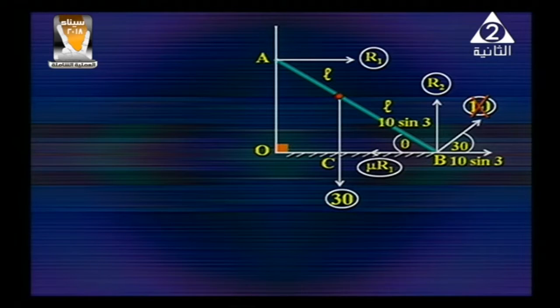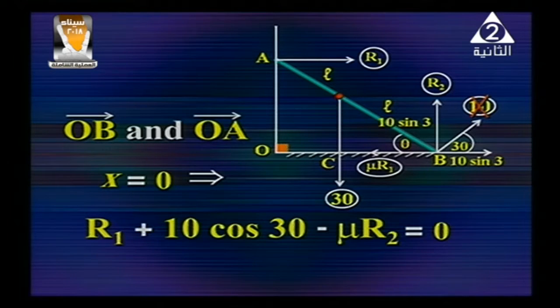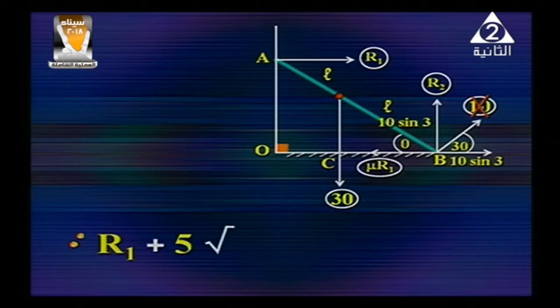Look, dear student, at the equations along OB and OA, sum of x equals 0. Then we form the first equation of equilibrium: R1 plus 10 cosine 30 minus mu R2 equals 0.